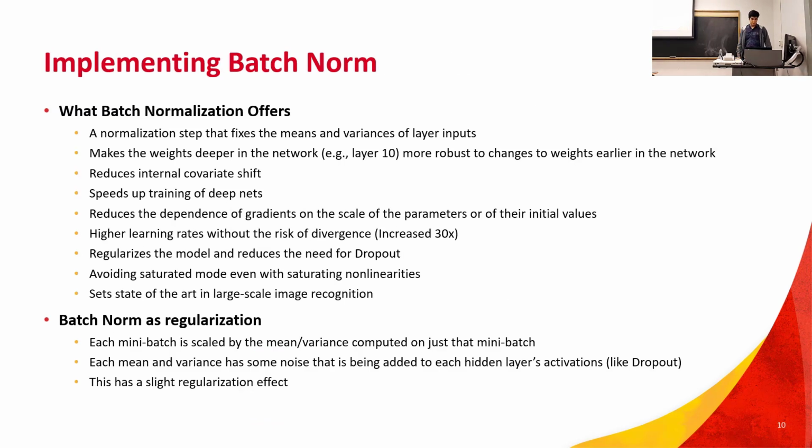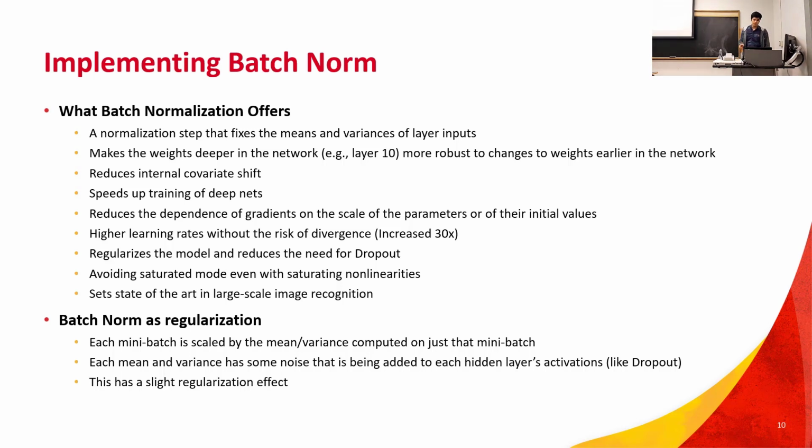So let's talk about the implementation of batch normalization. What batch normalization actually offers are many points that I brought here. A normalization step that fixes the means and variances of layer inputs makes the weights deeper in the network more robust to changes to weights earlier in the network. So if we change a weight in the first layer, it's not going to affect the 10th layer a lot.